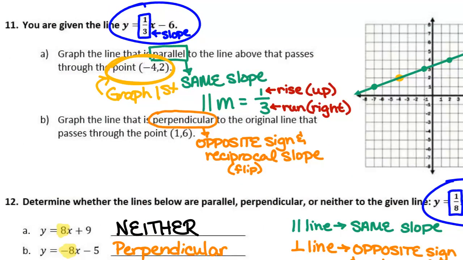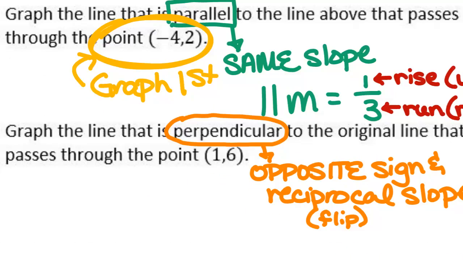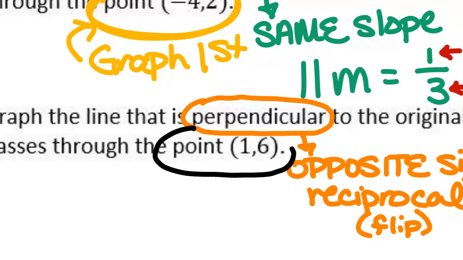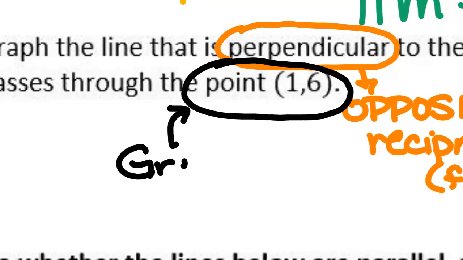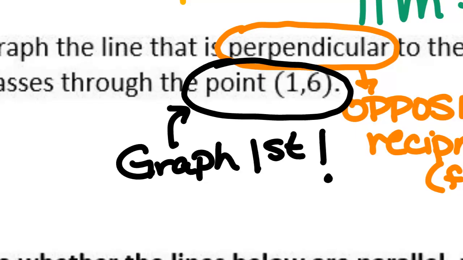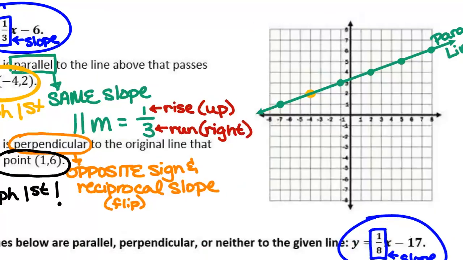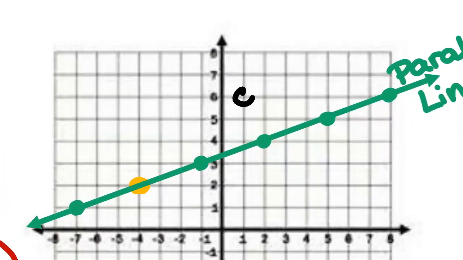But the first thing we do is graph this point. So 1,6 means go to the right 1 and then up 6. So here's our initial point.